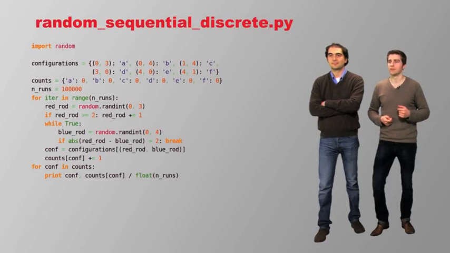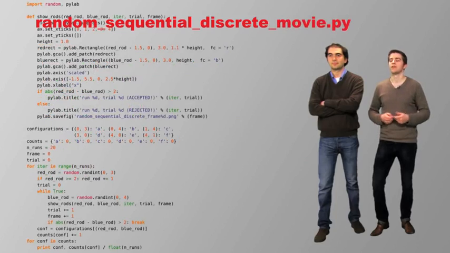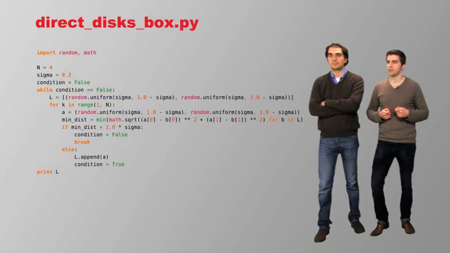On the Coursera website, you will find programs for the discrete rod model. First, the program for sequential random deposition, which also outputs a nice histogram, and as usual, also a random sequential deposition program with nice graphics. You can also find a program for direct sampling of the 4 hard disks in a box, if you have not already downloaded it in lecture 2.